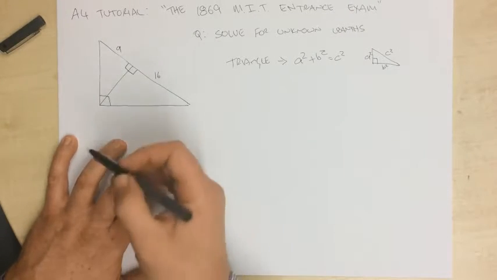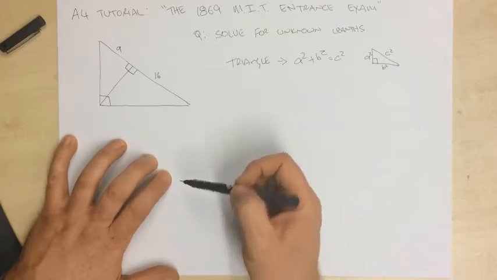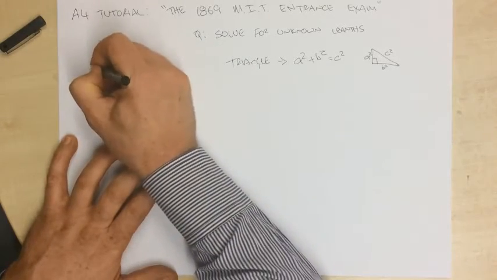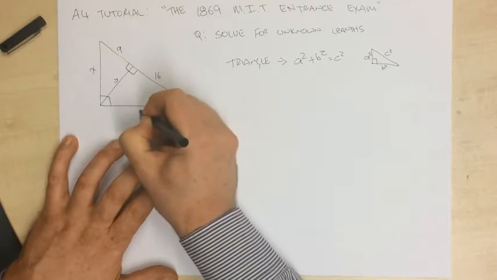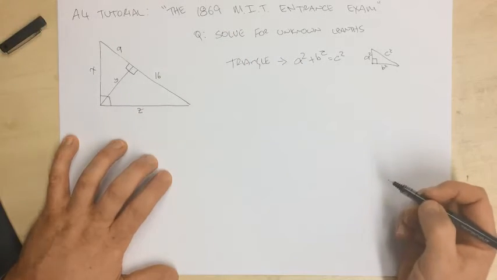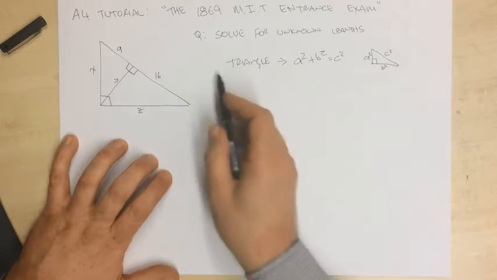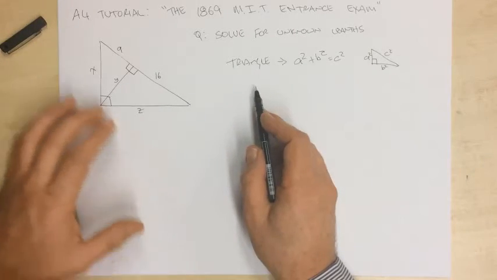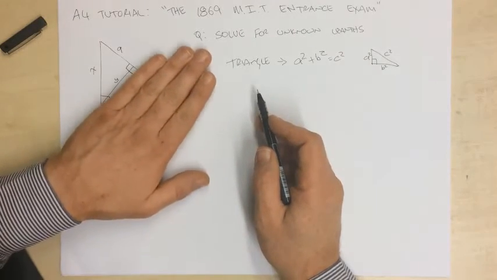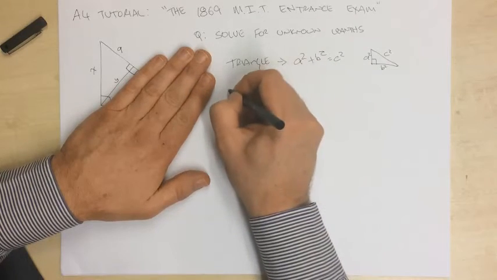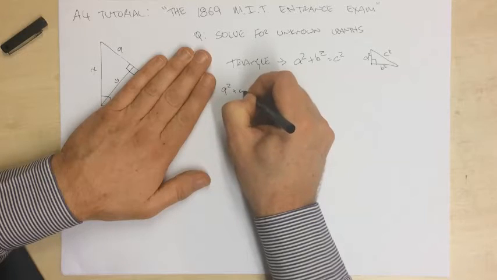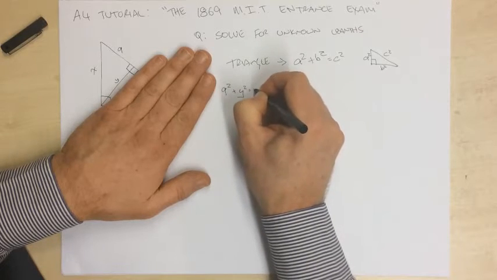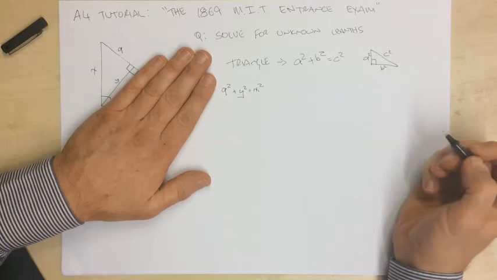First of all, I'm going to label some things in here that aren't labelled yet. I'm going to call the length of this x, a standard unknown variable. This one I'm going to call y, and this one I'm going to call z. So if we apply this theorem to this, we can see quite easily that 9 squared plus y squared equals x squared.